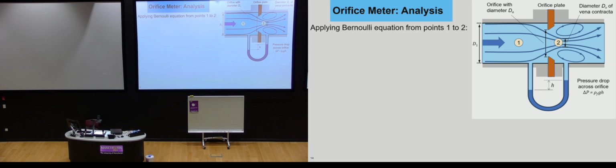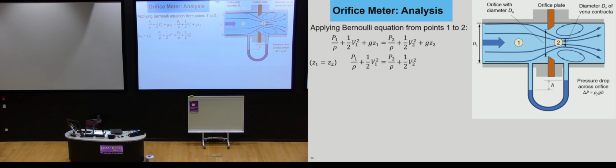We're now going to use Bernoulli to analyze this because it's appropriate at this point. Here is the Bernoulli equation, and we can start to remove some terms that are not useful. For example, along the center line, where we're going to be measuring everything, the Z location is equal. So Z1 is equal to Z2.